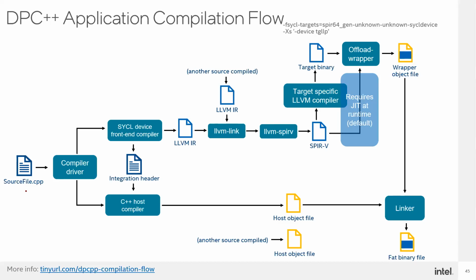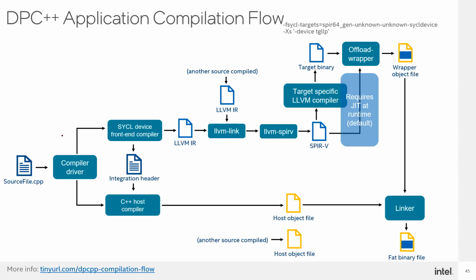It's host code and device code, and we talked about that on one of the first slides. Because of that, we need a host compiler, which will compile your code to run natively on CPU, and you need a device compiler, which can be quite different depending on the target device you have.